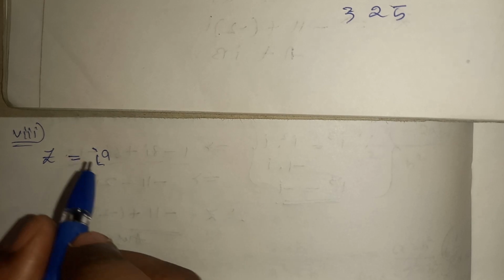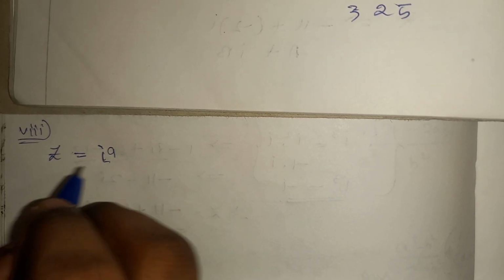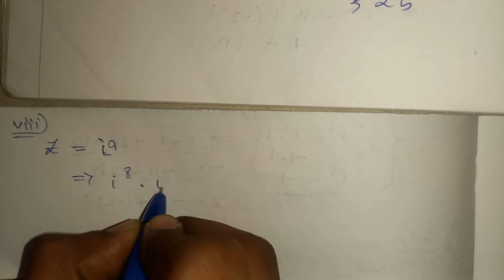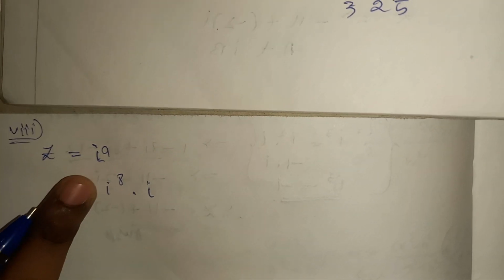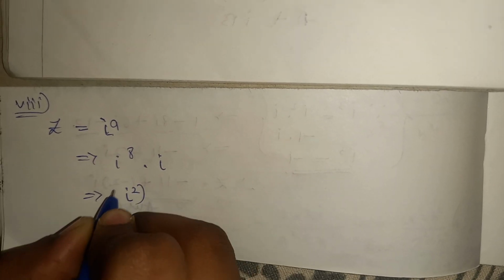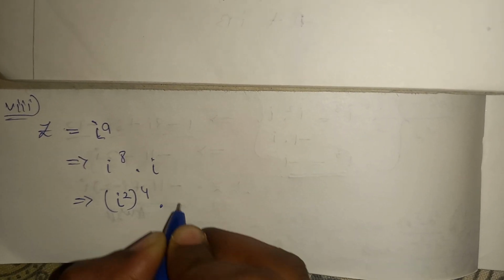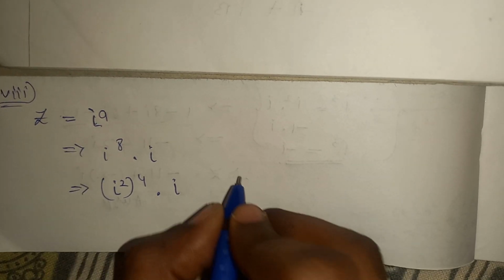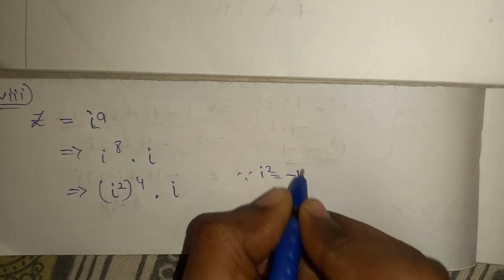Given z is equals to i to the power 9. So we will write it as i to the power 8 into i, which is nothing but i to the power 9 only, no? Now i to the power 8 can be written as i square whole to the power 4, this into i. So i square is nothing but minus 1.